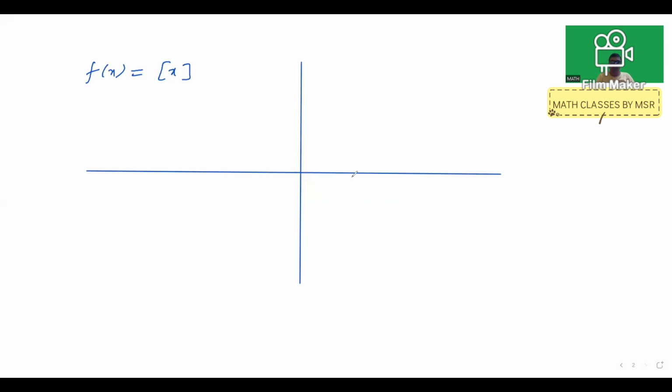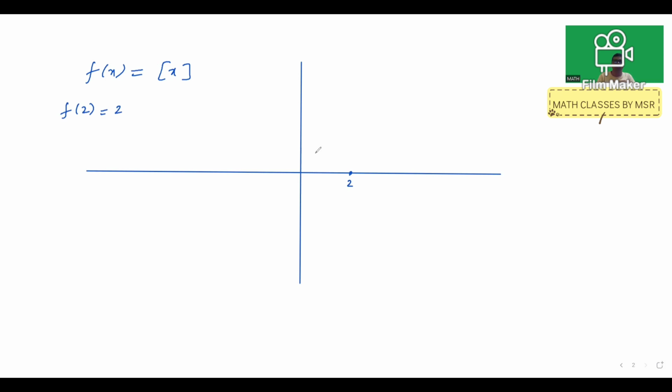Suppose we want to check whether the function exists at 2. Now tell me, what is the functional value at 2? f of 2 is equal to 2, right?